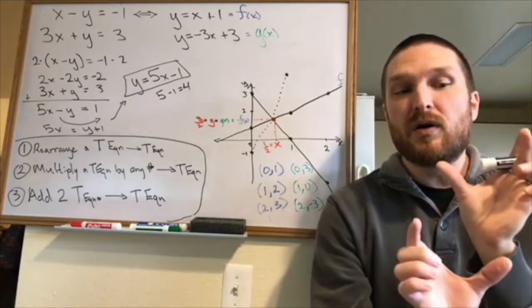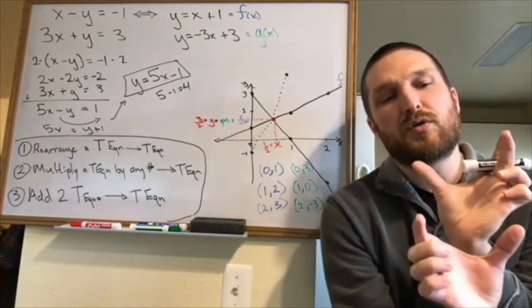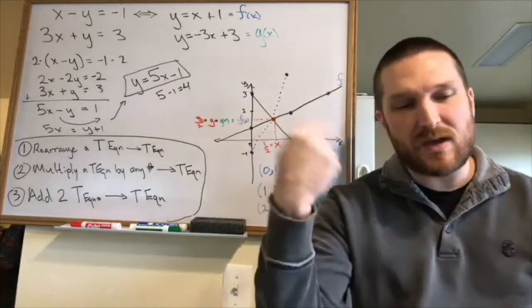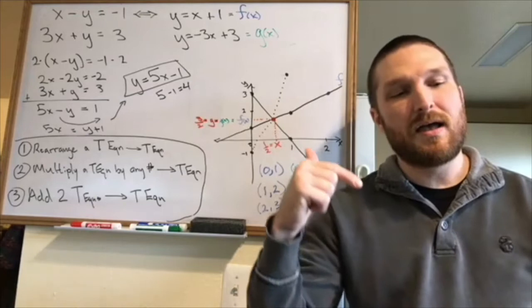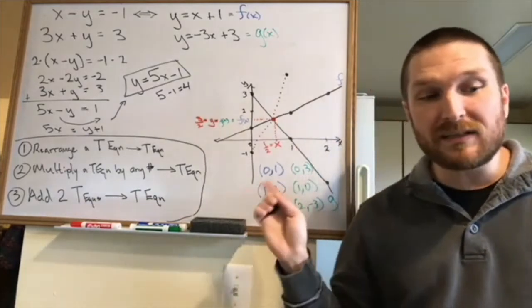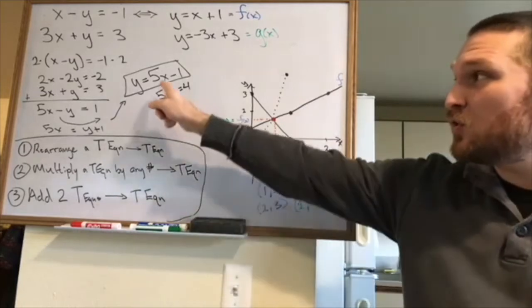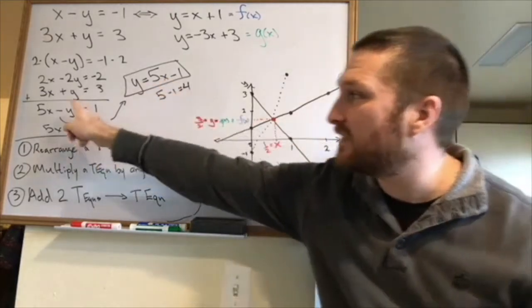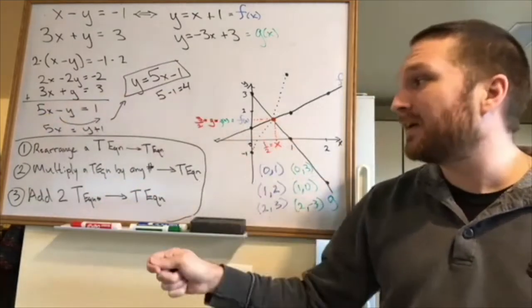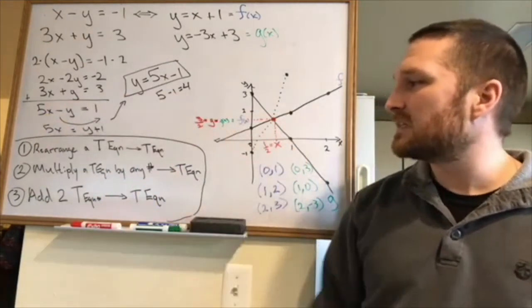We knew that the two equations were true at the point 1, 2. When we added them together, we got something that was true at the point where they were simultaneously true. I'm willing to bet that this new thing that we got, this new equation, is true at the point where they're both simultaneously true.